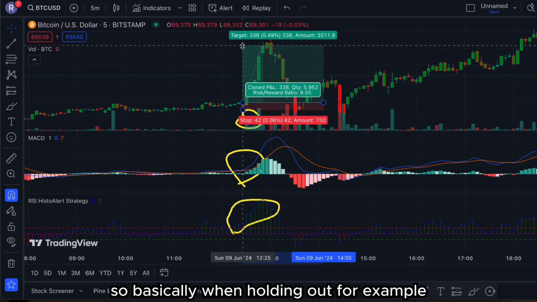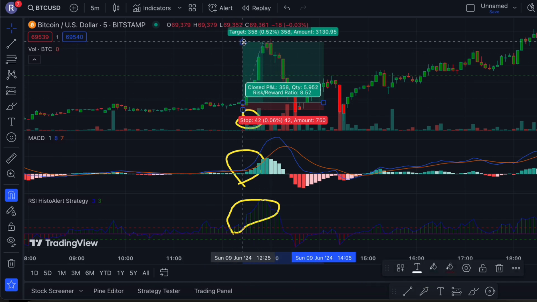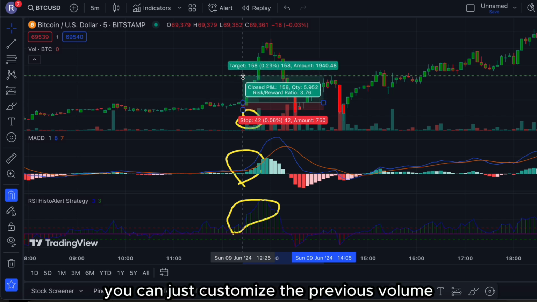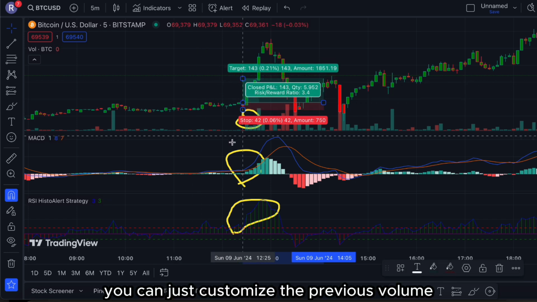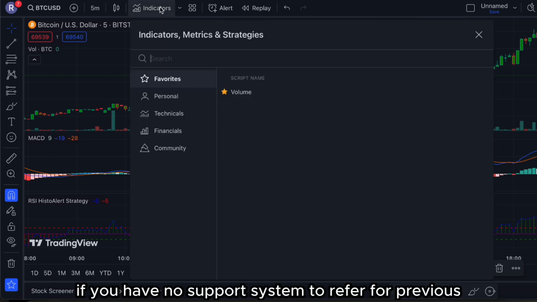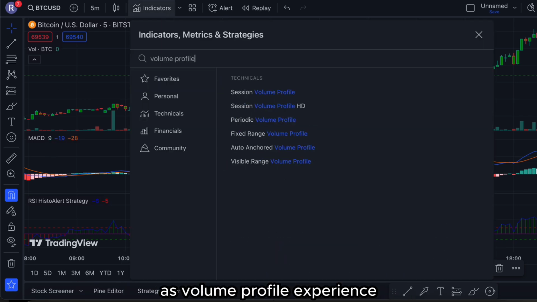When plotting this out, for example, if you want to refer back to previous volume, you can customize it. If you have no previous support and resistance to refer to, you can open the indicator as volume profile.